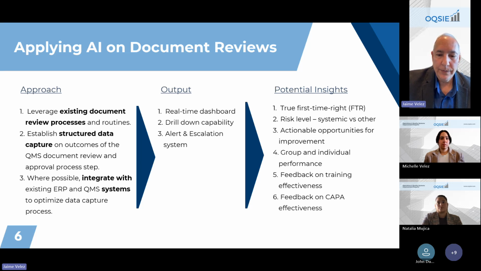Training effectiveness. Is what we're doing in training our people across the organization effective? Are CAPAs effective, and the effectiveness of our CAPA system? And imagine having that information available to you in real time based on the outcomes of reviews, which are occurring on an ongoing basis.